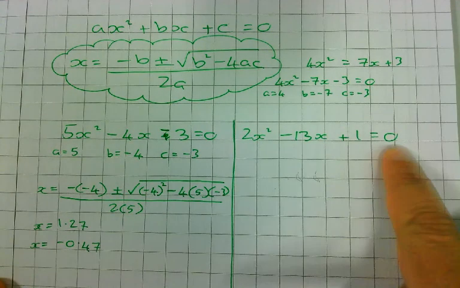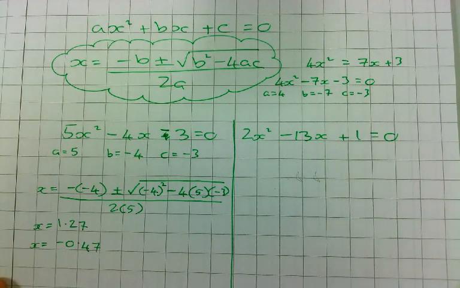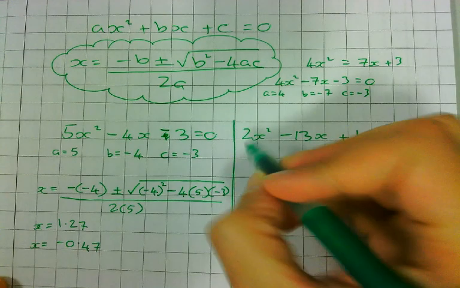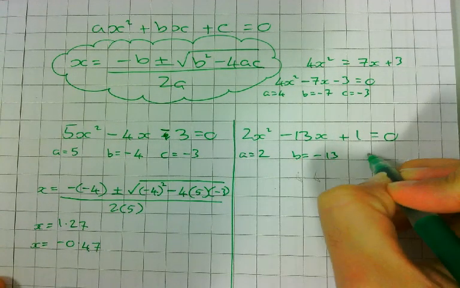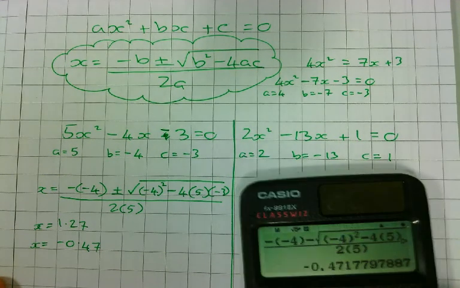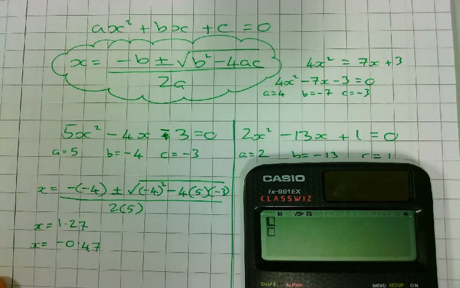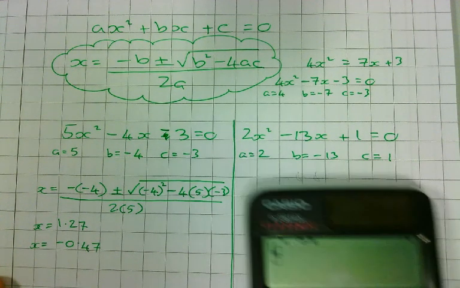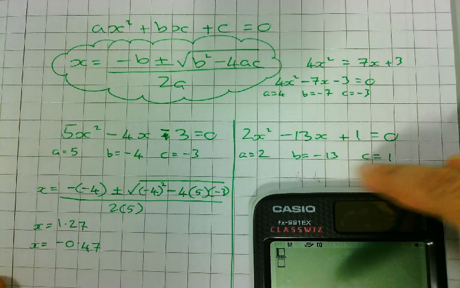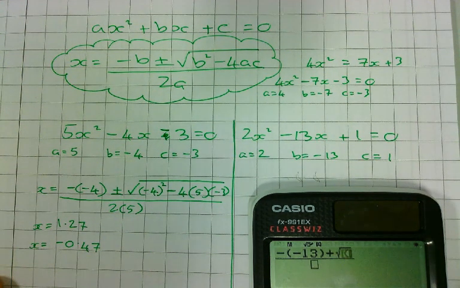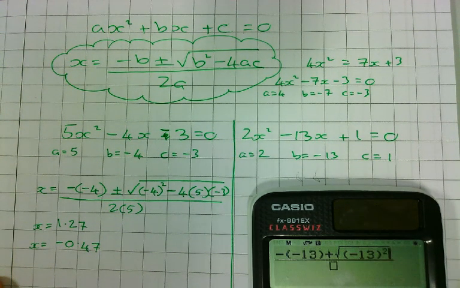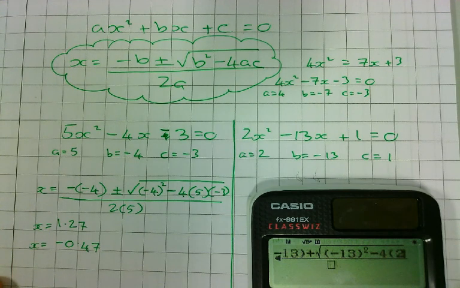Okay, so A should be 2, B is minus 13, and C is 1. So putting that in, because B is a minus again, we still need to do minus brackets minus 13, plus square root of minus 13 squared minus 4 times 2 times 1, all over 2 times A, which is 2 times 2 for this question.